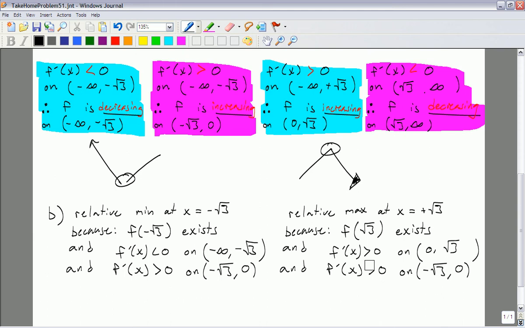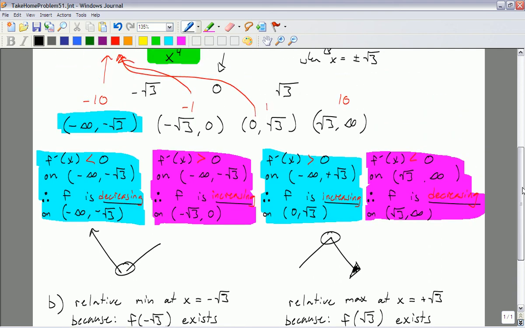And f prime of x is less than 0 on root 3 to infinity. Cool. So there's B, your relative mins and maxes.